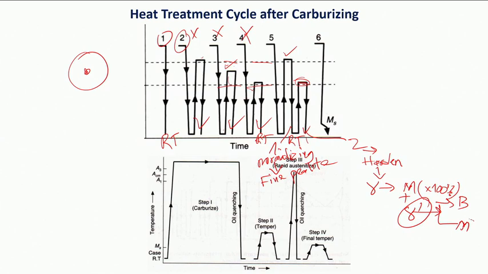So in either case, there is a possibility of expansion or contraction, volume change, and that means it may develop cracks on the surface, which is undesirable.